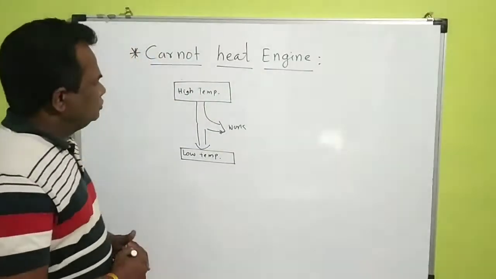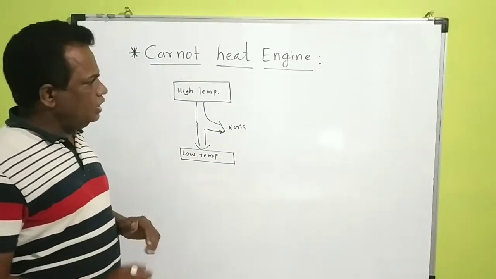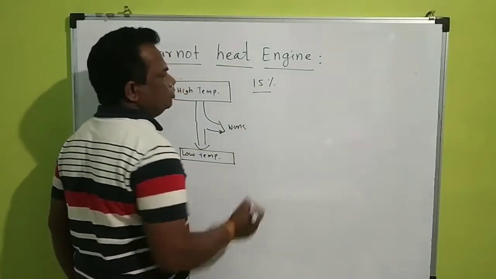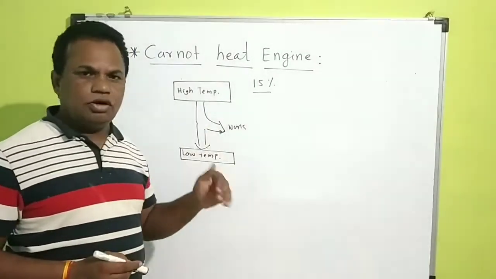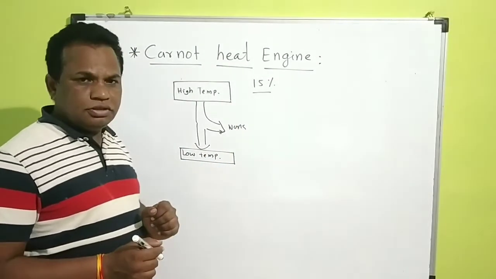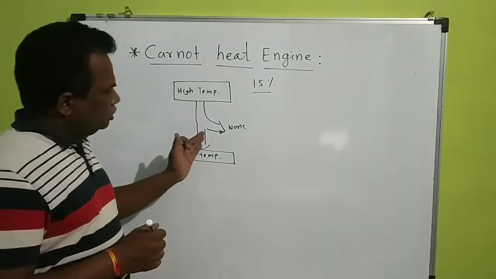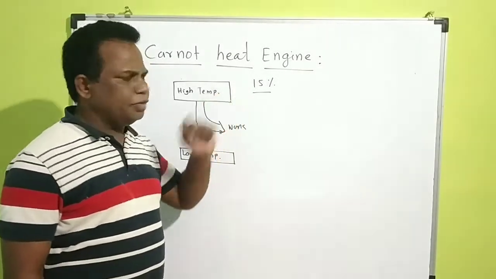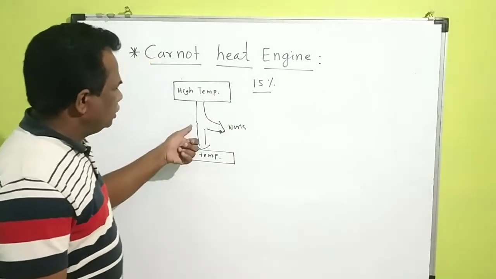Then it is shown that any engine working in this model has an efficiency of not more than 15 to 16%. That means if you provide 1 liter of petrol, then only 15% is converted into mechanical work, and more than 80% is wasted.